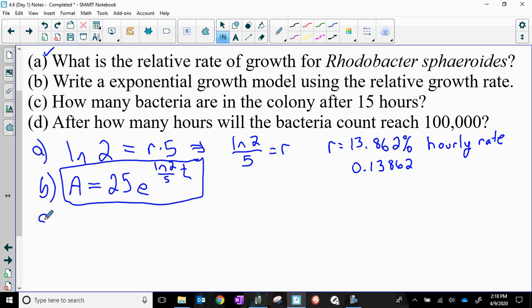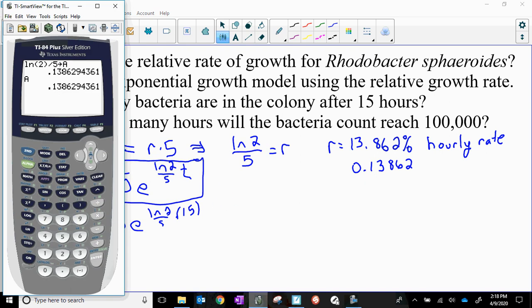All right, part C. How many bacteria in the colony after 15 hours? Well, it's the same problem we had before. I believe it was 200. We should be coming up with that same answer. Let's just go plug this in. So I'm just going to put the 15 in for T. Now you can go grab your calculator.